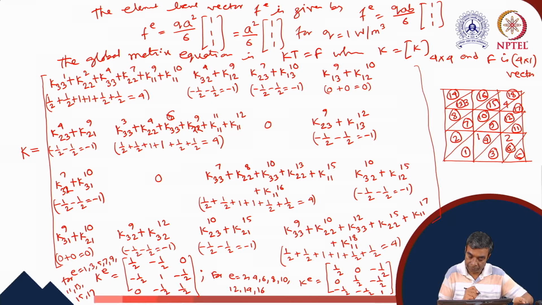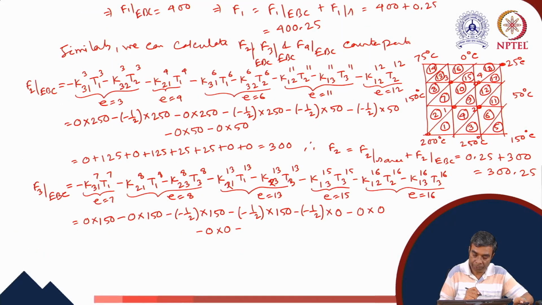K13 is minus half. This is minus half into T316. T316 is also 0. So here we are left with 0 minus 0 plus 75 plus 75 plus 0 minus 0 minus 0 minus 0. So this is 150.